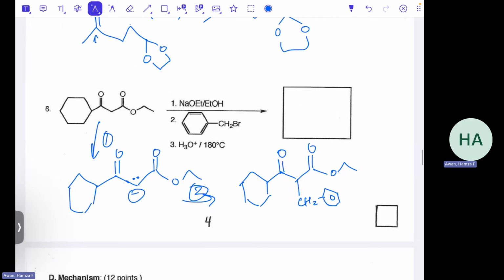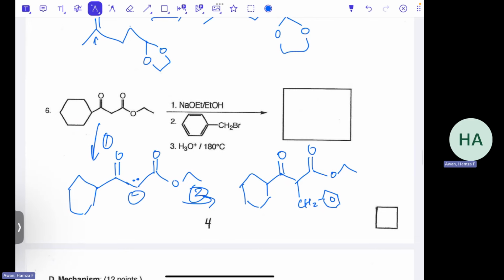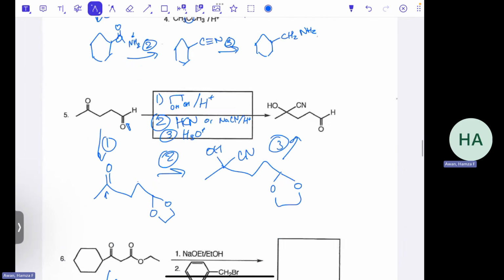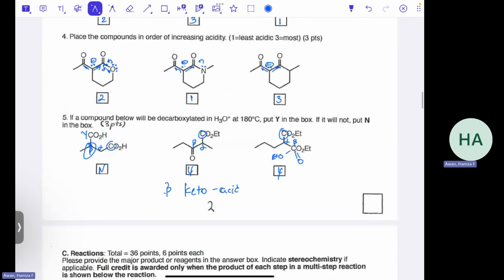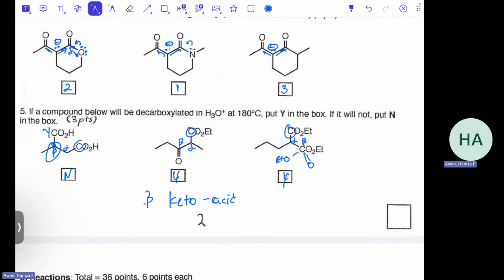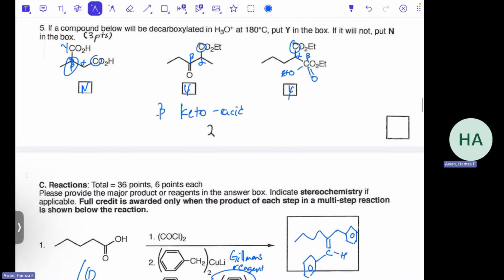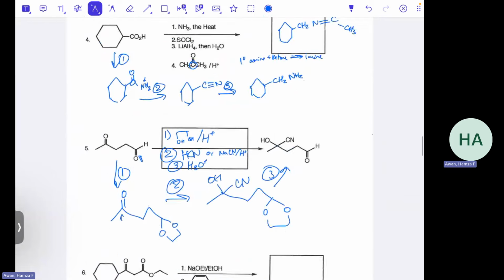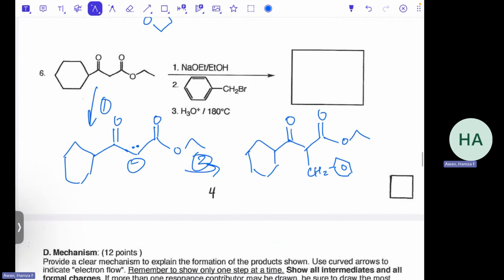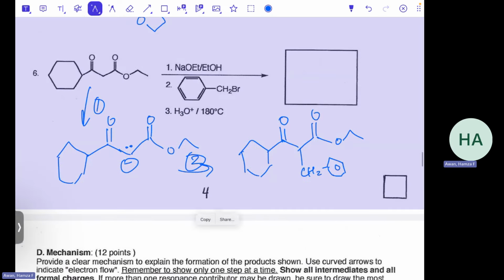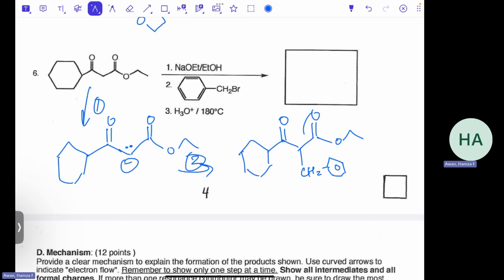Remember, if we look back into the facts section, this is decarboxylation. If it would be decarboxylated at H3O plus at 180 degrees Celsius, this is pretty much the same concept. This is just saying that the ester would leave, right? So in this case, we cleave this bond right here, and the ester leaves, and that is all that would happen.